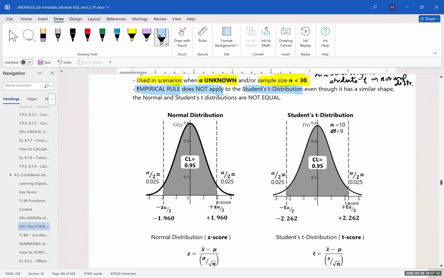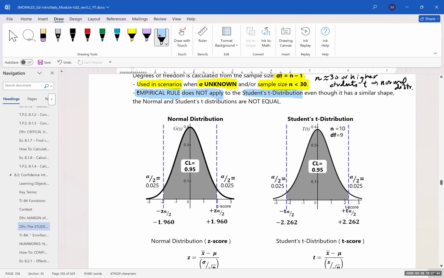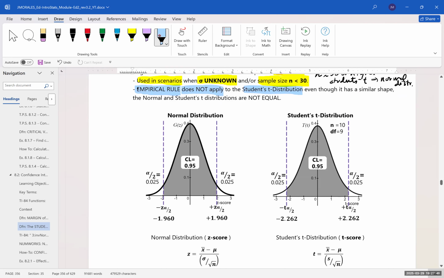And to kind of hit that home, let's look at this normal distribution and the student's t-distribution side by side. So remember that the empirical rule is sometimes called the 68, 95, 99.7 rule.